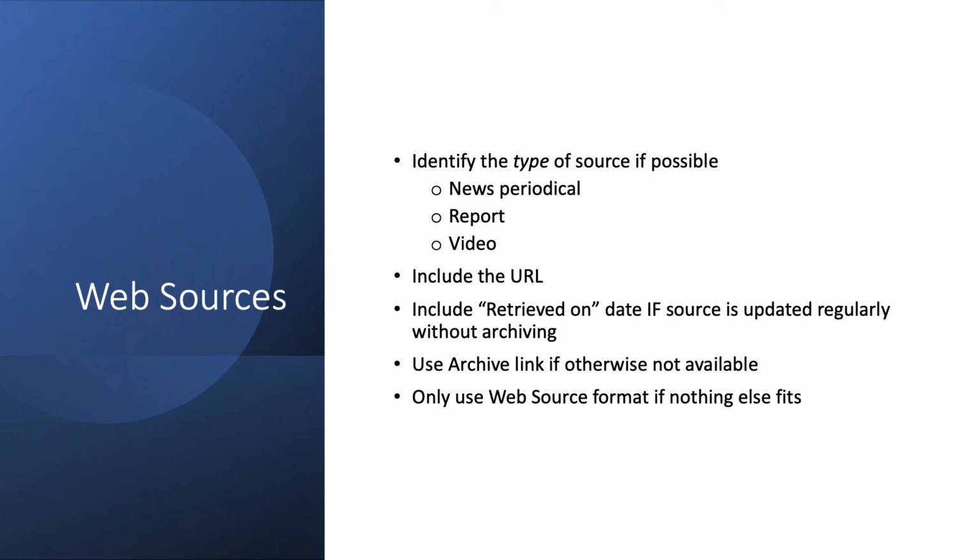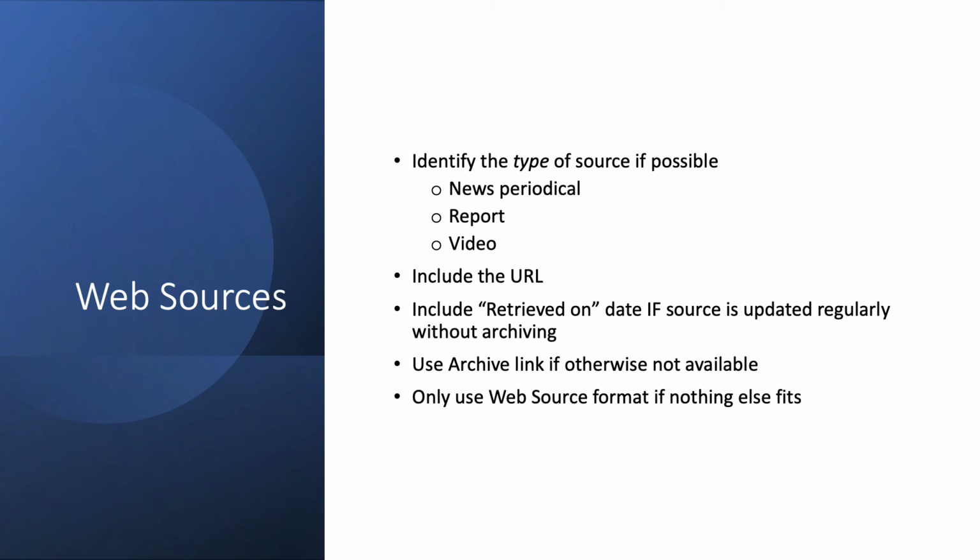If it's a report that's hosted online, use the format for a report. Similarly, if it's a video that you found online, use the format for video. If it's really none of those, if it's more of a miscellaneous web source, then you'll default to using the web source format. Do make sure that you include the URL, that's especially important.